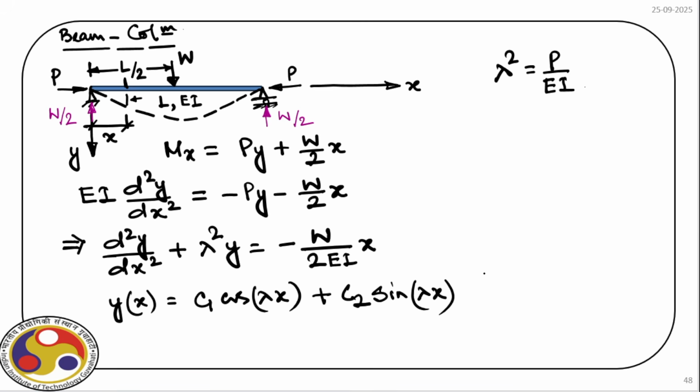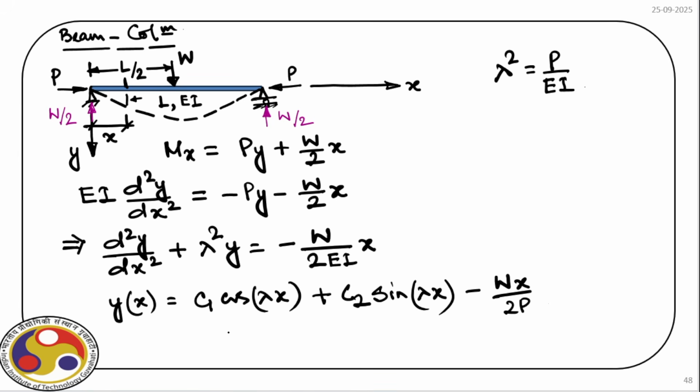Then we have the solution for this Wx by twice EI on the right hand side, and that is Wx by twice P. You can easily cross verify the solution, which I leave as an exercise for you.